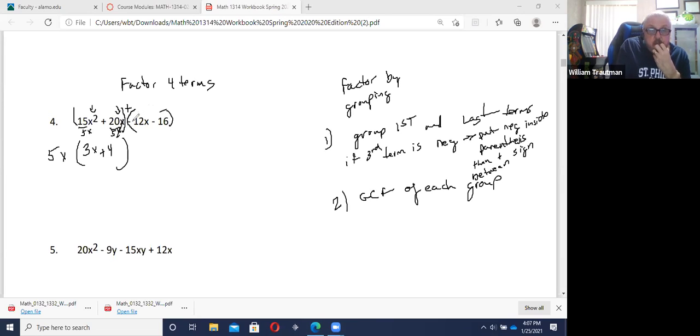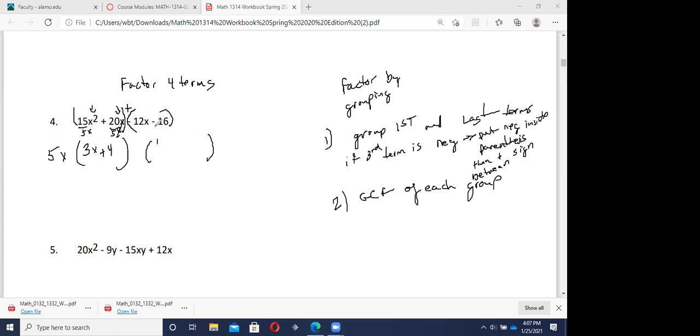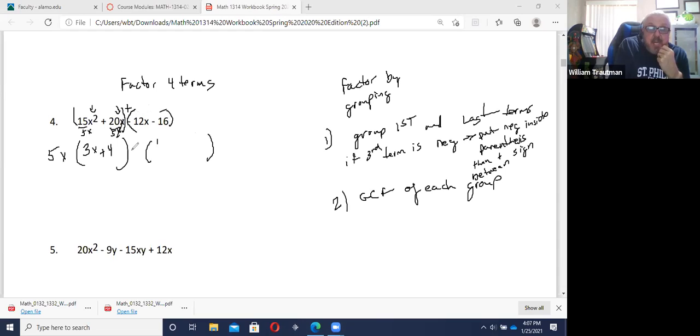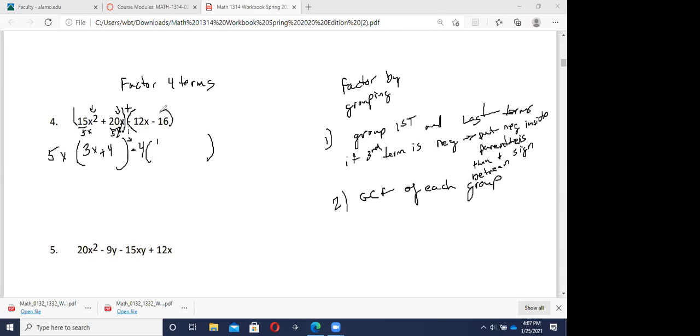The next group, because the third term is negative, look at 12 and 16. What do 12 and 16 divide by? Negative 4. Yes, because the third term is negative, you have to divide by a negative number. I'm just going to put a little dot there with an arrow. You have to factor out a negative, and the GCF is 4.